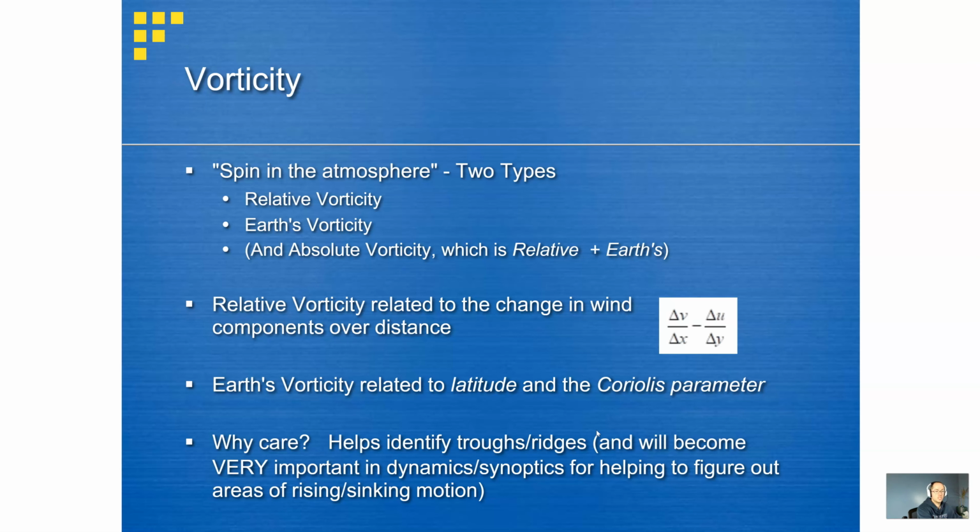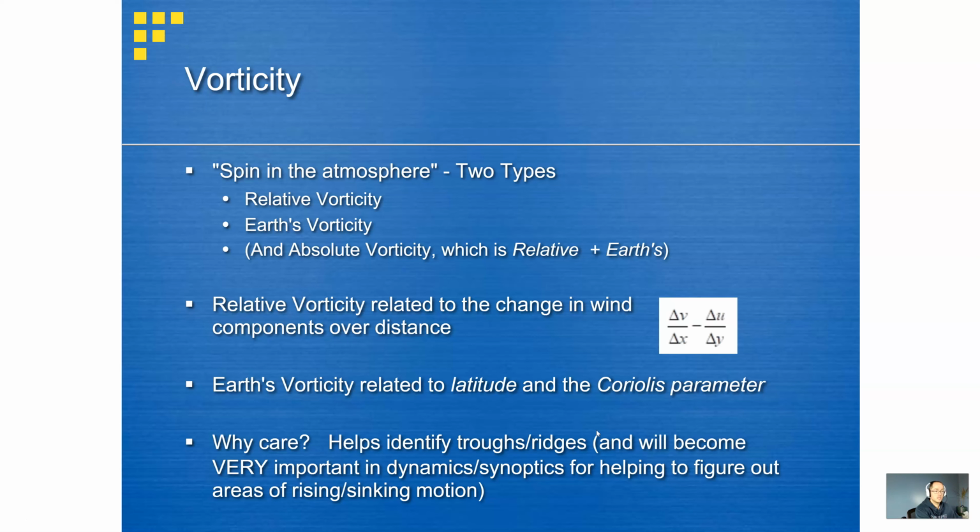Earth's vorticity is in many ways simpler, but it's not going to necessarily tell us as much about what's going on with troughs and ridges in the atmosphere, because it's simply related to latitude and the Coriolis parameter. And so you'll see what will become a very familiar equation as you work over time, 2 omega sine phi, with phi being your latitude. And so we have high values of Earth's vorticity near the poles, low values of Earth's vorticity as you move towards the equatorial region.